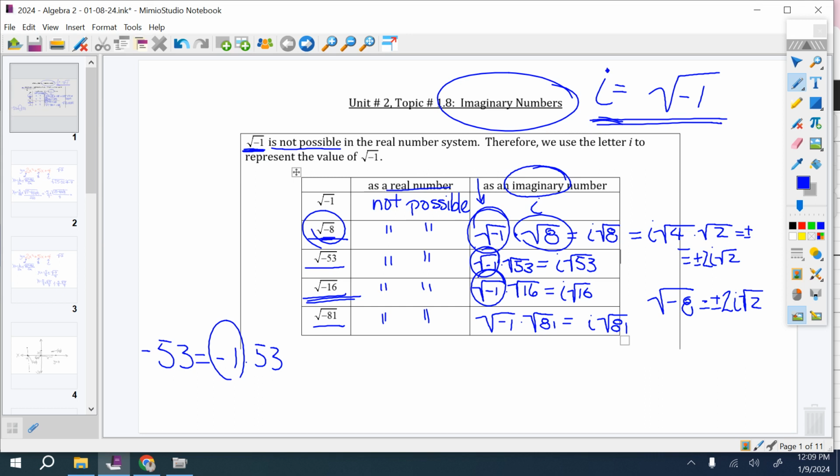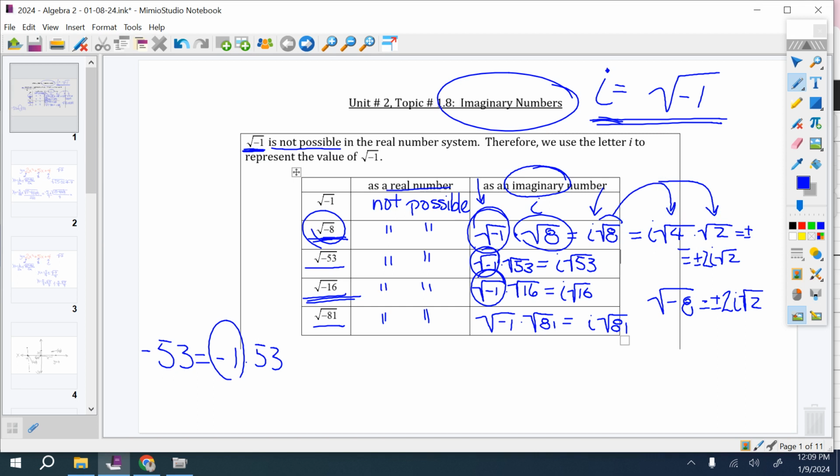Once we have settled on that, we can use i in our calculations. We can say the square root of -8 is equal to i times the square root of 8. And then we can work on the square root of 8 all by itself. That's the square root of 4 times the square root of 2.